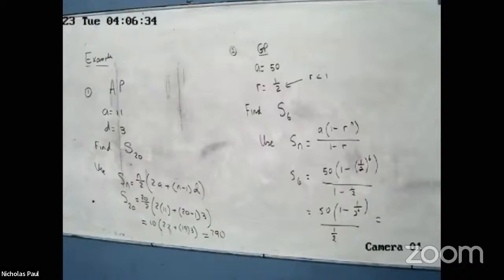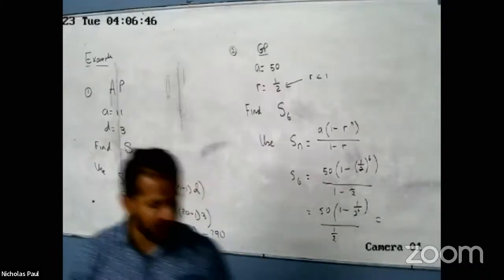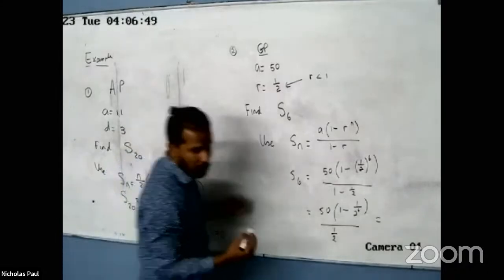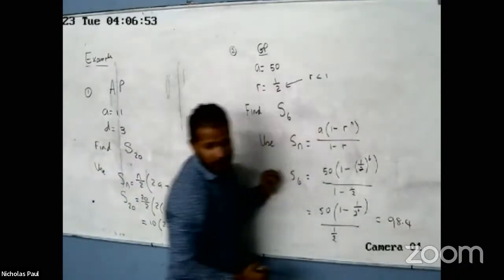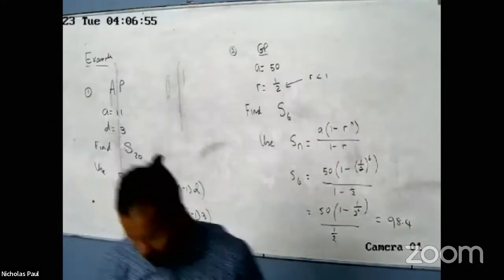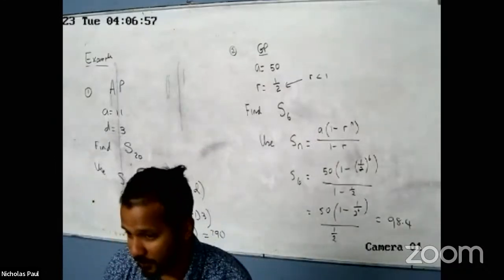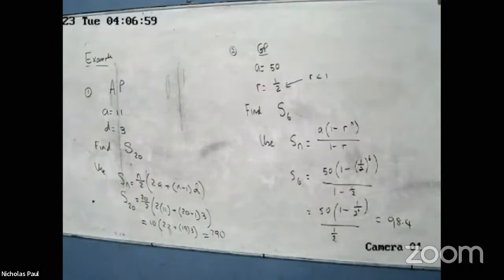Paraj, you got that? 90.4. So it looks like 98.4, right? You're used to writing two significant figures, right? All the answers, if you have to round up to two significant figures.